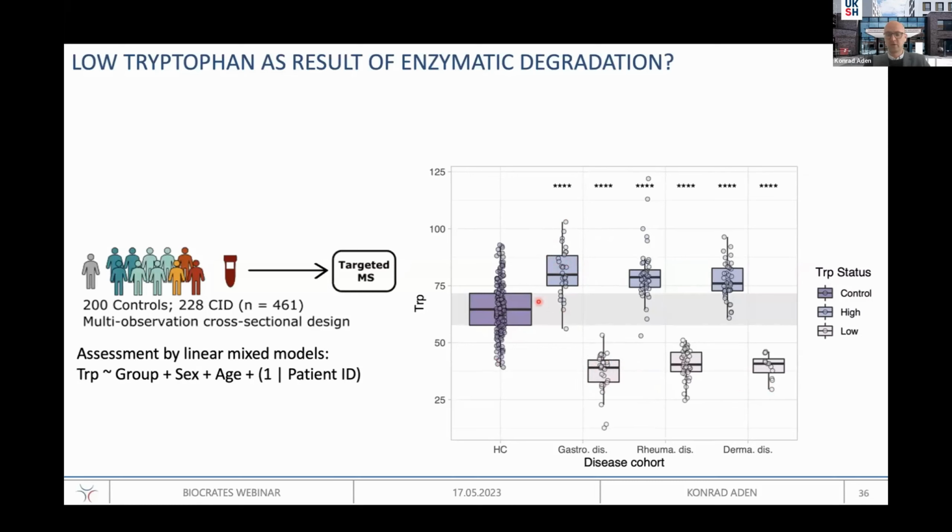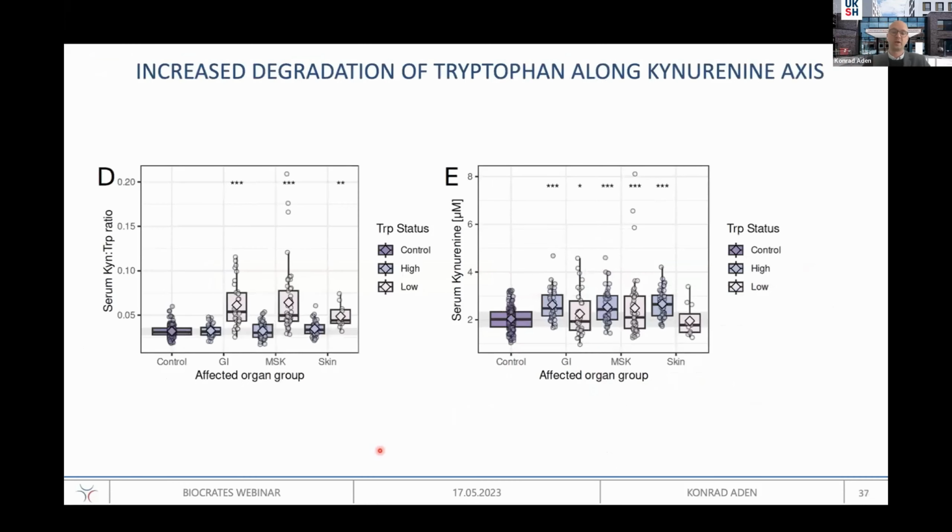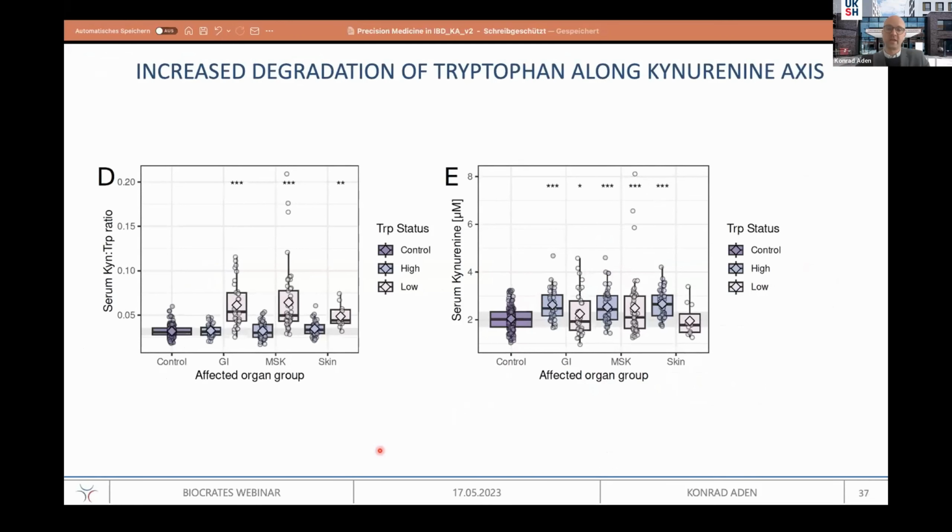And this is how the patients look. We biosampled those patients, and then we conducted a targeted metabolomic screen where we used the Biocrates assay.